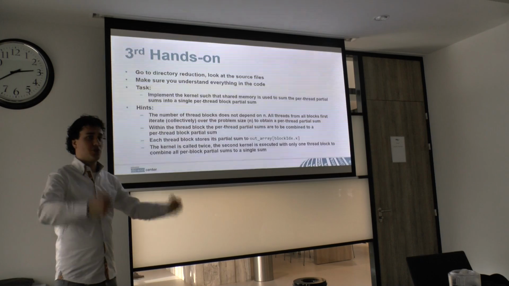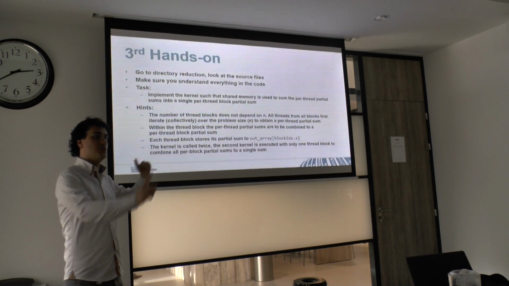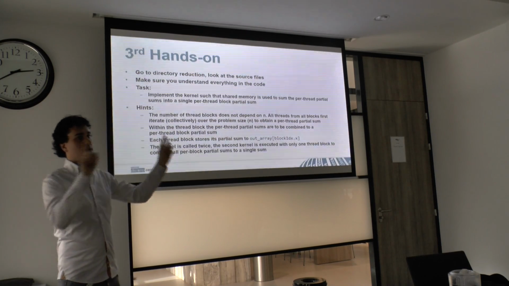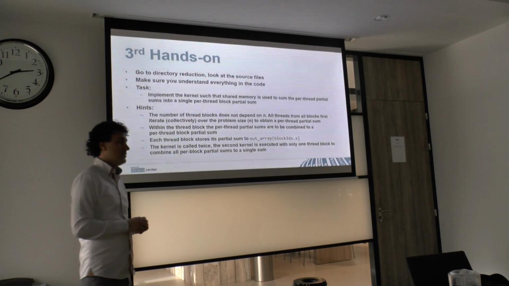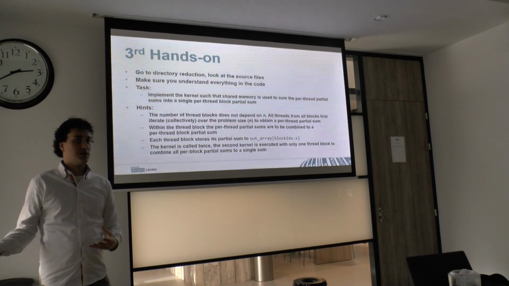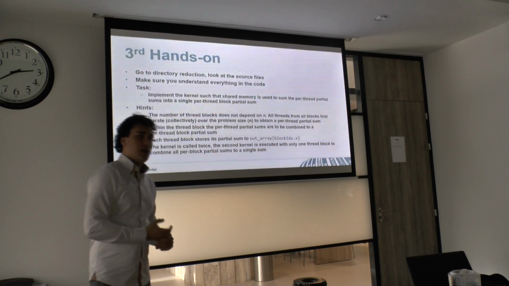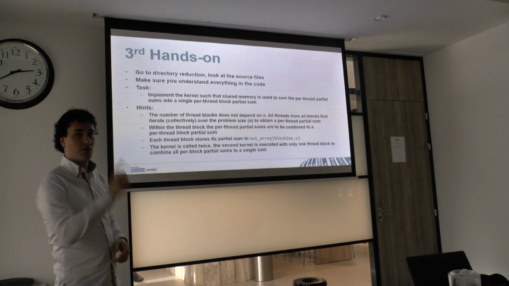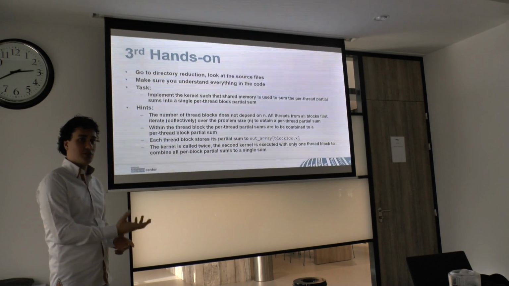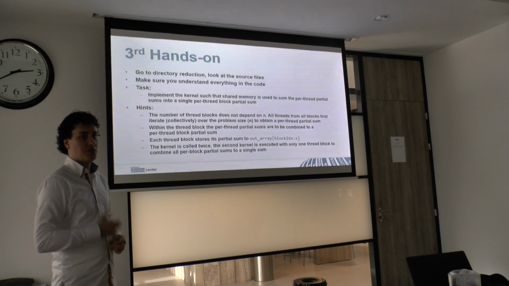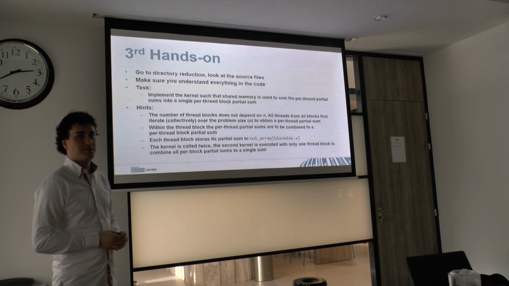Then the kernel is called again, using the output from the first kernel as input, and the number of elements that need to be summed is equal to the number of blocks that executed the first kernel. If we run the kernel again with only one thread block, then we can get to a single value. That's why you see two kernel calls inside this program.